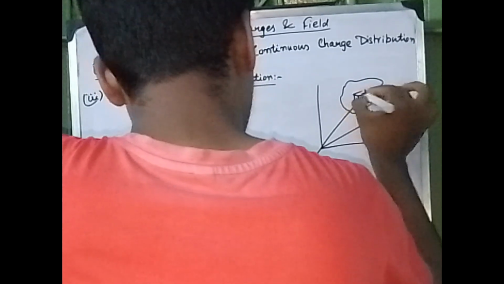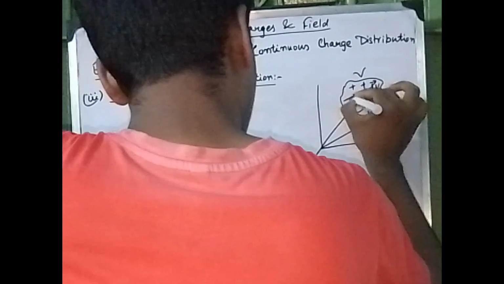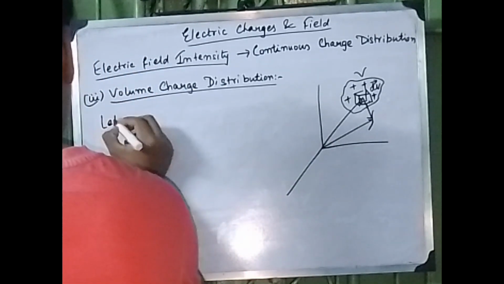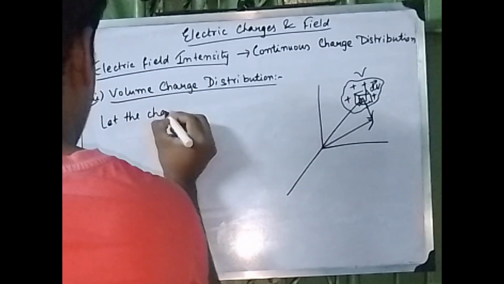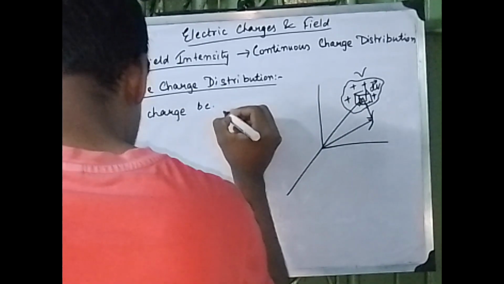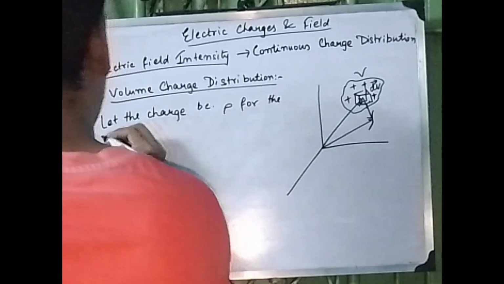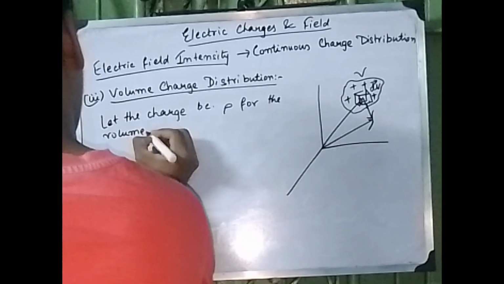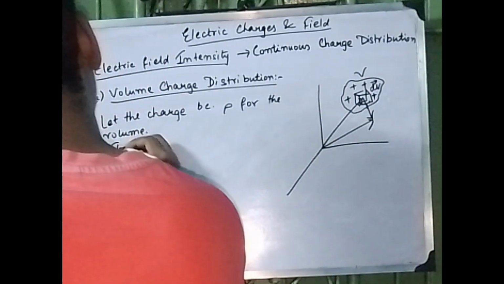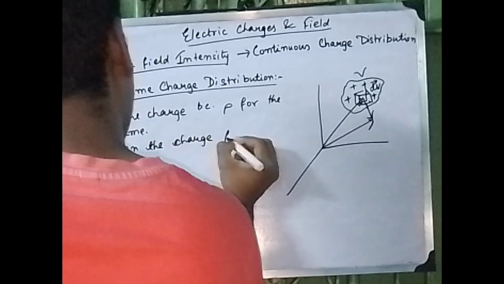As the name suggests, this charge distribution will be represented by a volume. The charge per unit volume will be represented as rho, and thus the charge on an infinitesimally small element of volume dV will be given as dq equals rho dV.